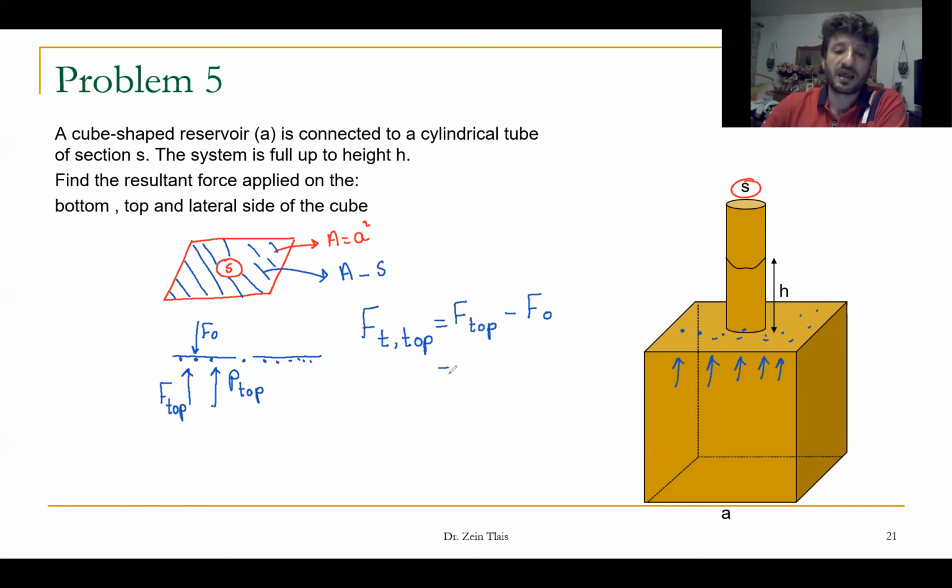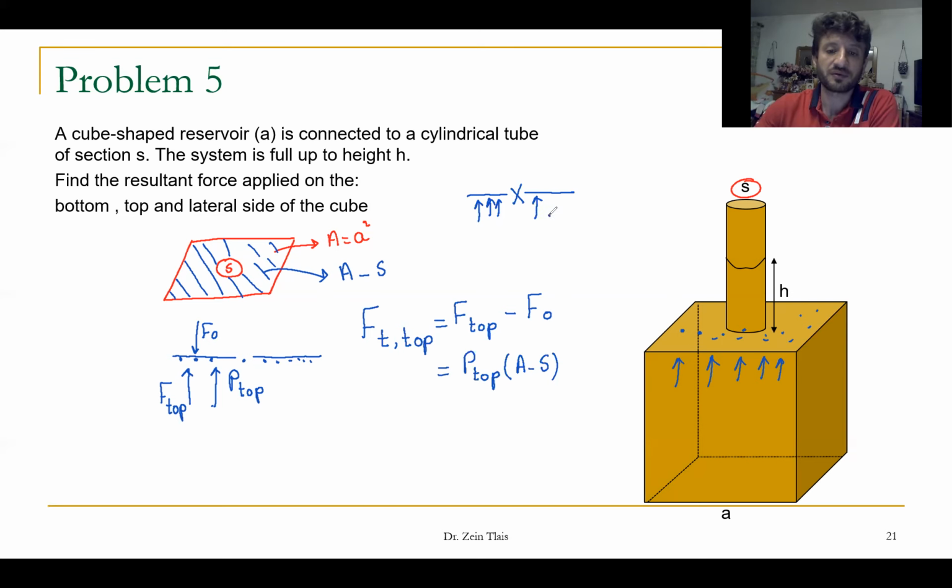F top equals P at the top times the area. The area here equals A minus S, because we have a contact only here. We don't have any applied F at this region.